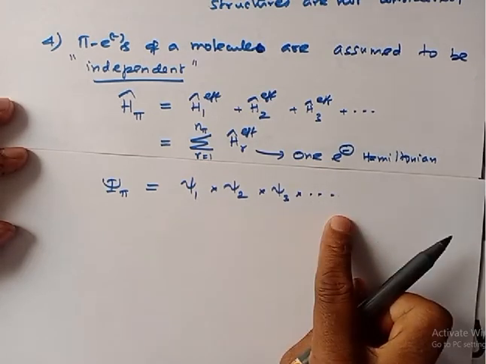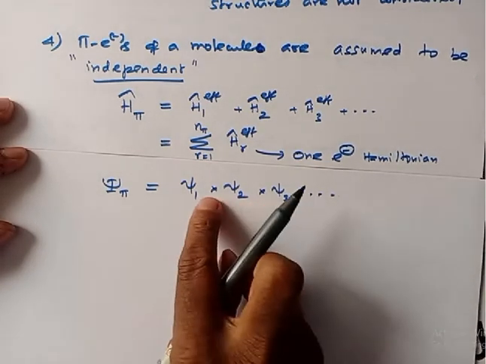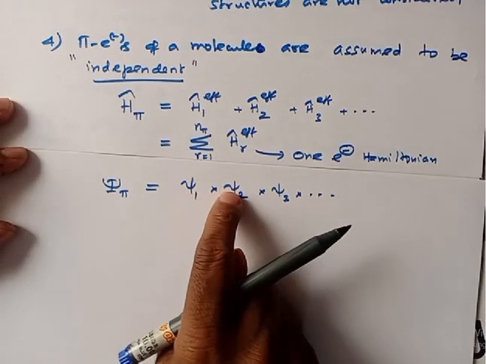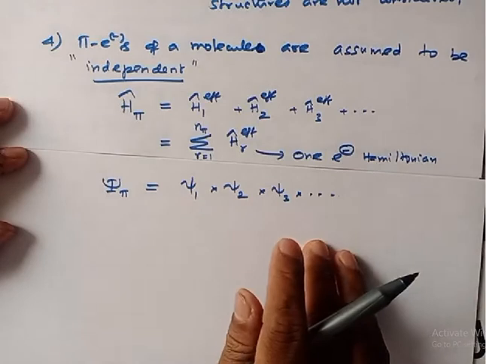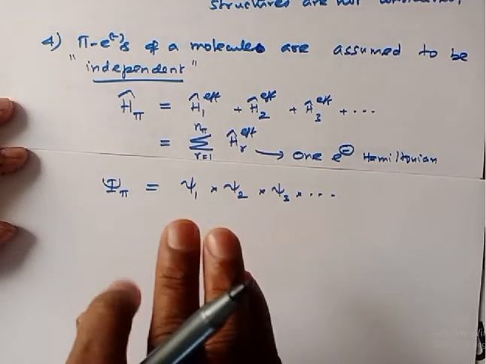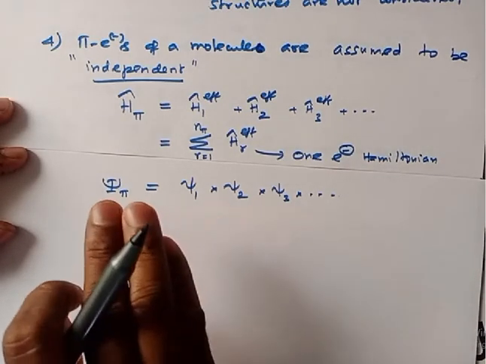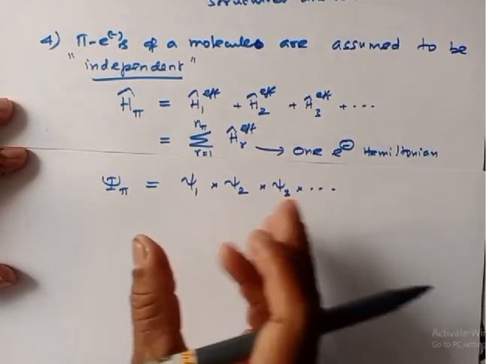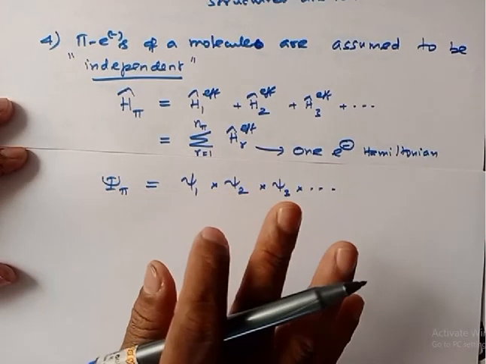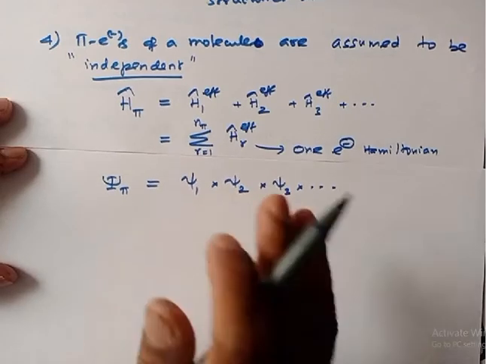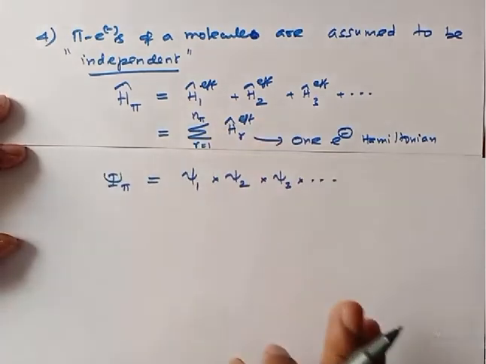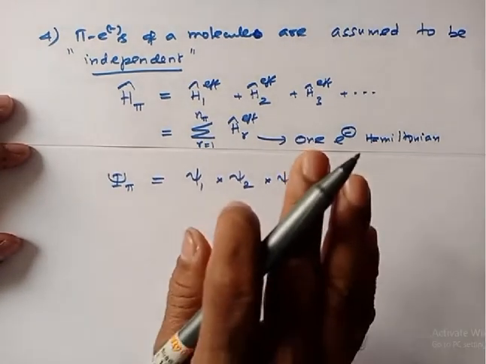It is a product of one electron wave functions of each and every molecular orbital. So electron 1 is present here, electron 2 is present here, electron 3 is present, like that. To start with, let us not consider the spin of the electron and the antisymmetric nature of the wave functions. Even if you include the spin and the antisymmetric nature, the calculation remains the same. So you need not worry about that.